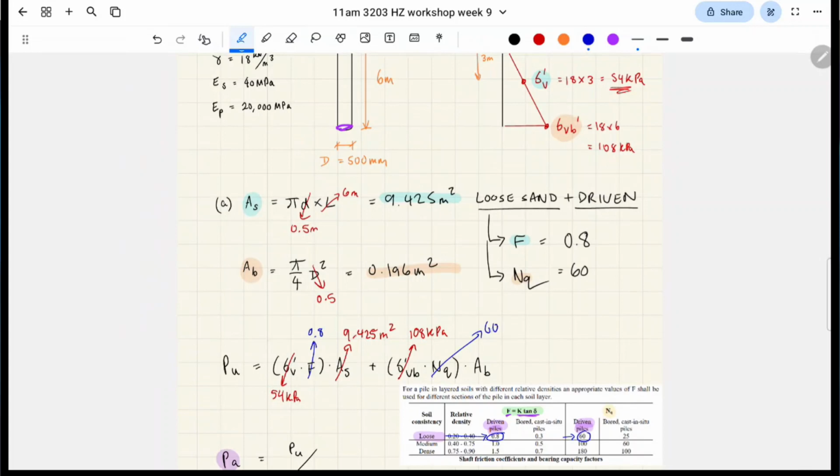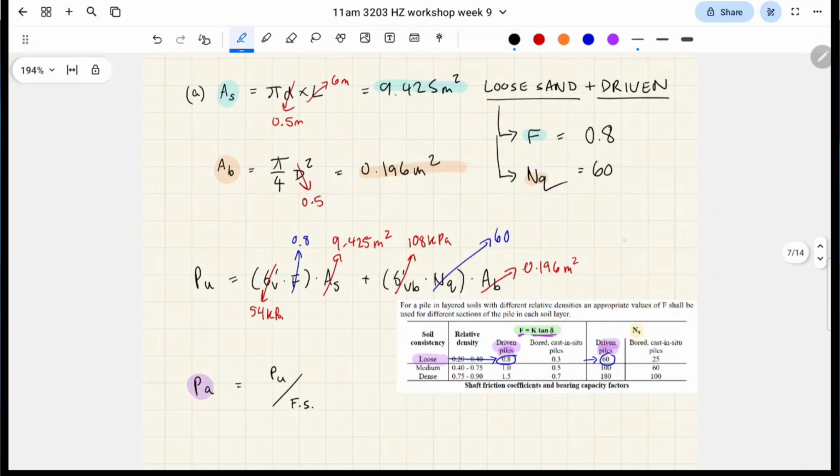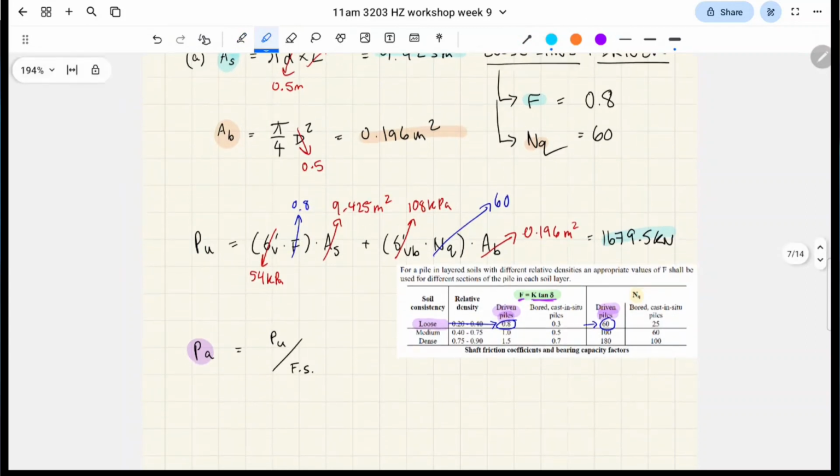NQ, we said was 60. And the area of the base, 0.196 meters squared, okay? So that's where all our numbers come from. That gives us 1679.5 kilonewtons. Yep, so that's the capacity of our pile.